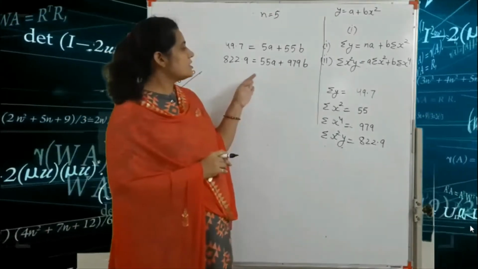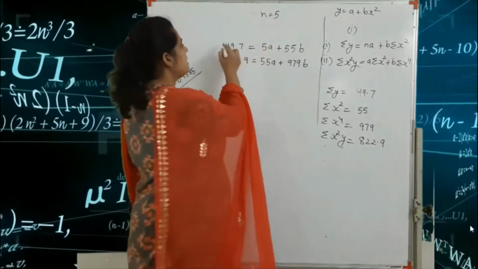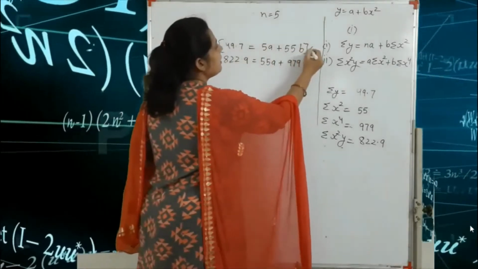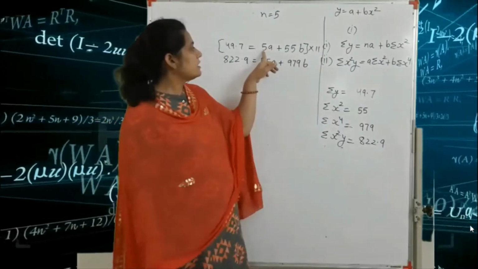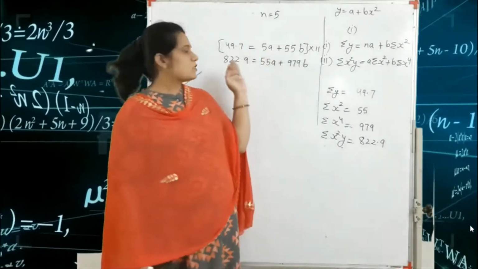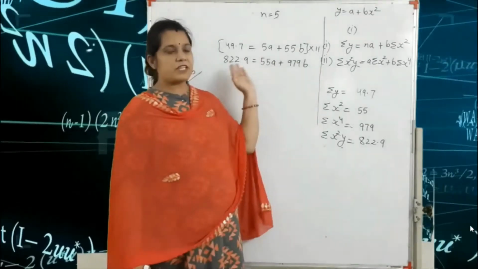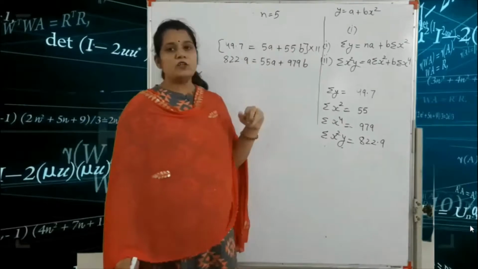Here first we make the coefficient of a equal, that is, here we multiply by 11. For example, here we multiply by 11. So here is the 55 and here is also 55. So after subtracting equation 1 minus equation 2, we get the value of b.